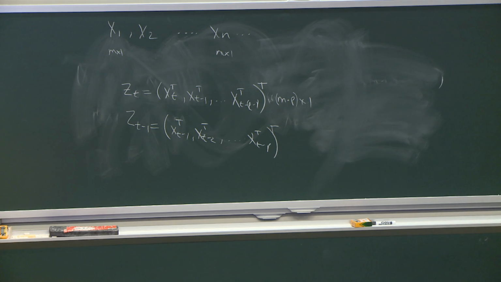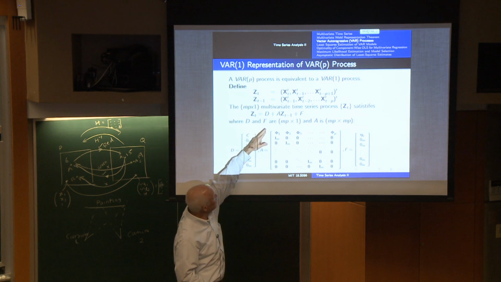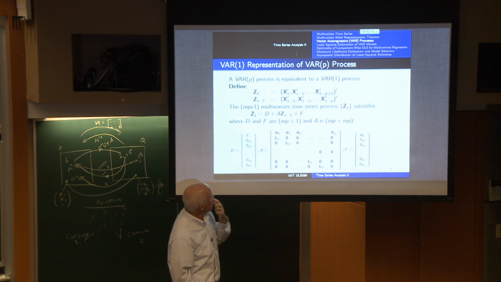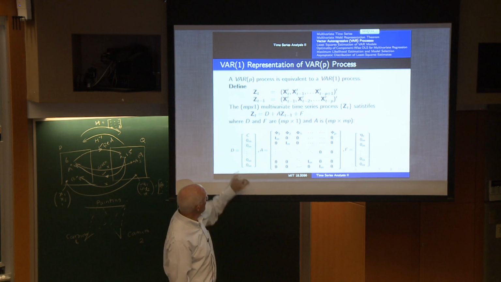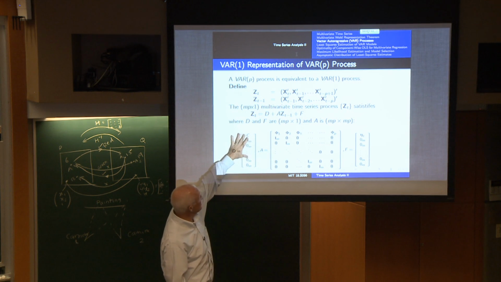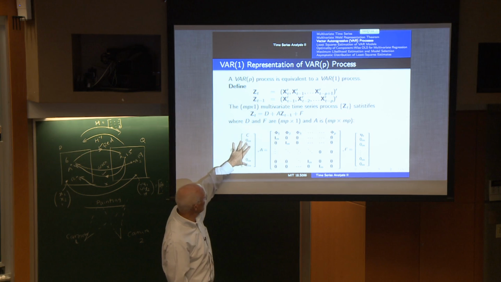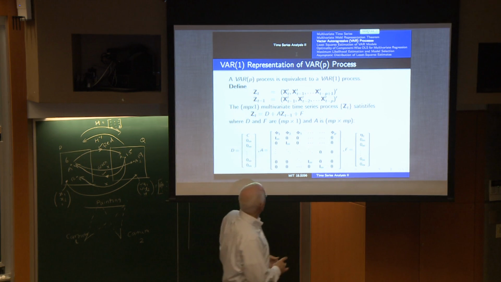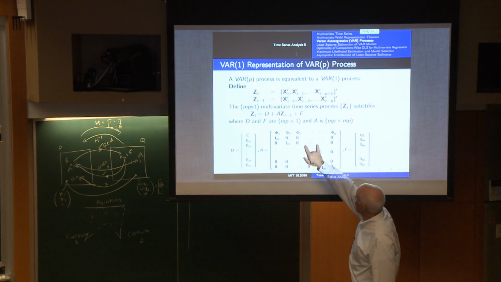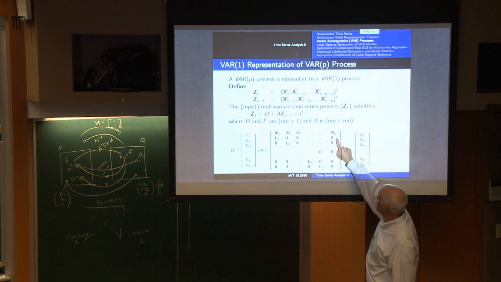Well, if you define Zt and Zt-1 this way, then Zt is equal to d plus A Zt-1 plus F, where d is basically the constant term with the c entering in, then zeros everywhere else. And the A matrix is phi1, phi2, up to phi p.